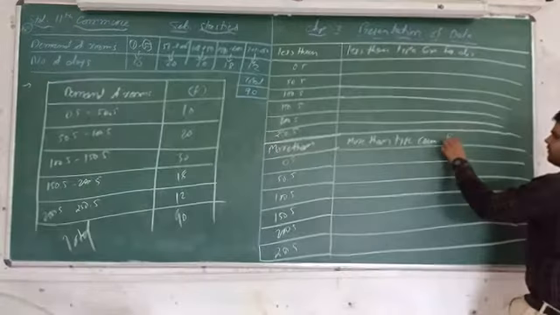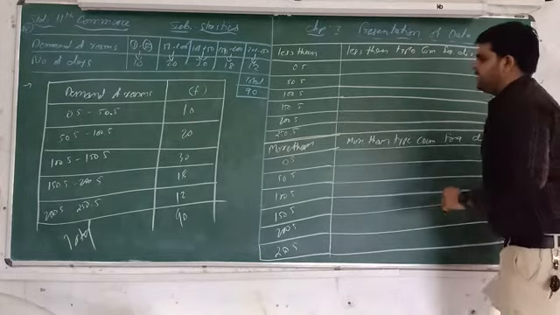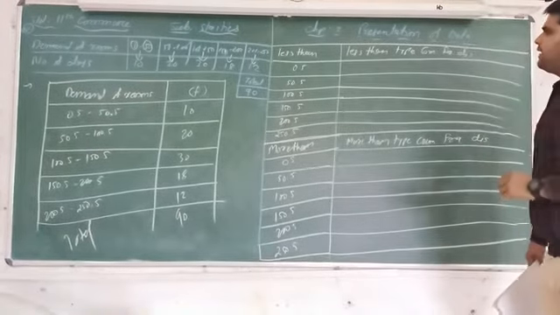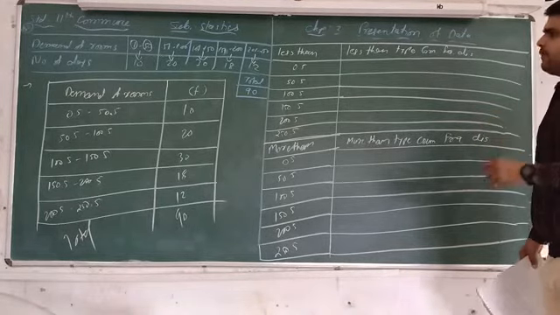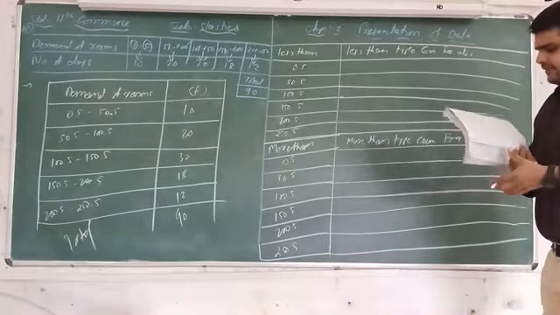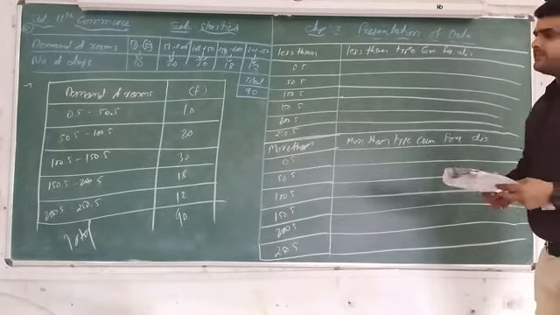As we know, less than 0.5 is 0. Zero days are there that have a demand of 0.5.